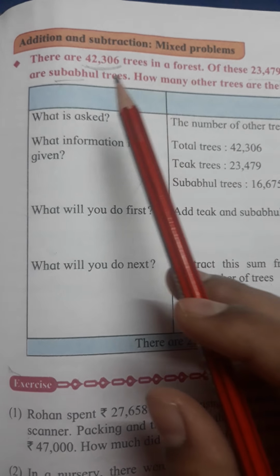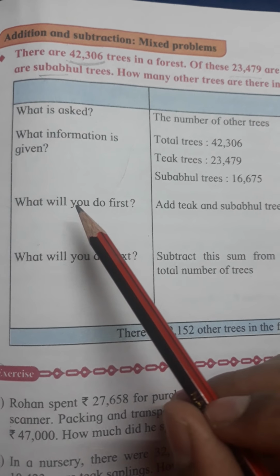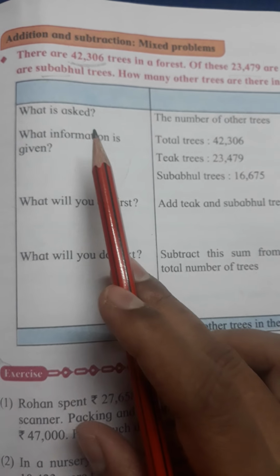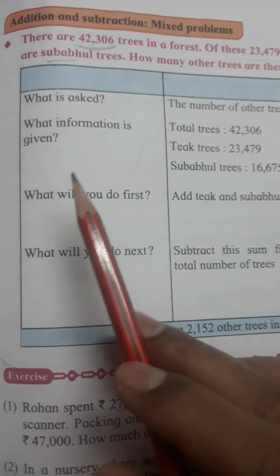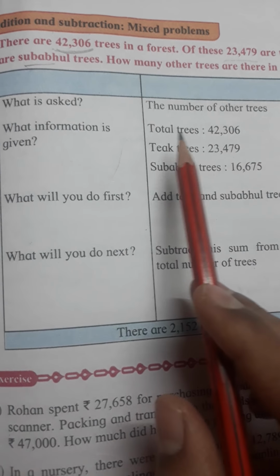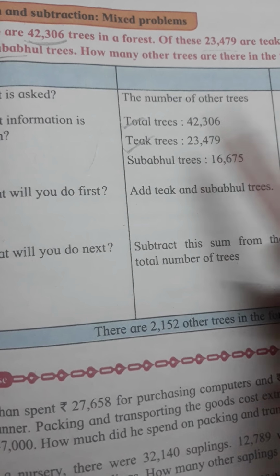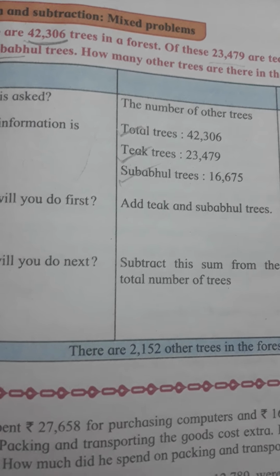First we want the total number of these teak trees and subbul trees. Okay. Then what is asked? The number of other trees. And what information is given? The total trees are given, teak trees are given, and subbul trees are given. So what do we have to do first?